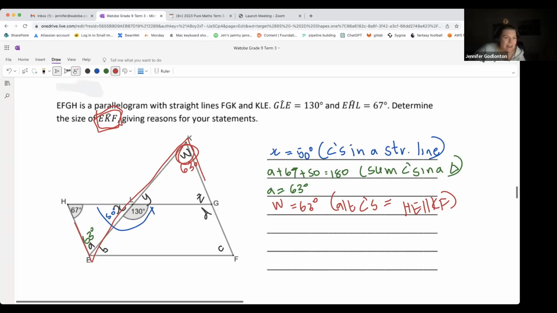The cool thing with geometry is that people see different things, and that's how it works. When I did this question, I first solved Y, and then I used this alternate angle to get Z, and then I was able to find W. That was how I solved it. But both ways are great. It doesn't matter. You get to the same answer, which is cool.